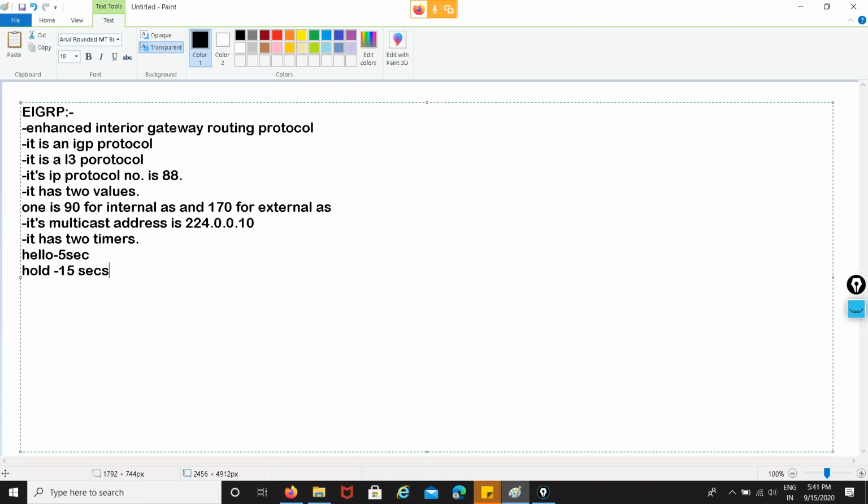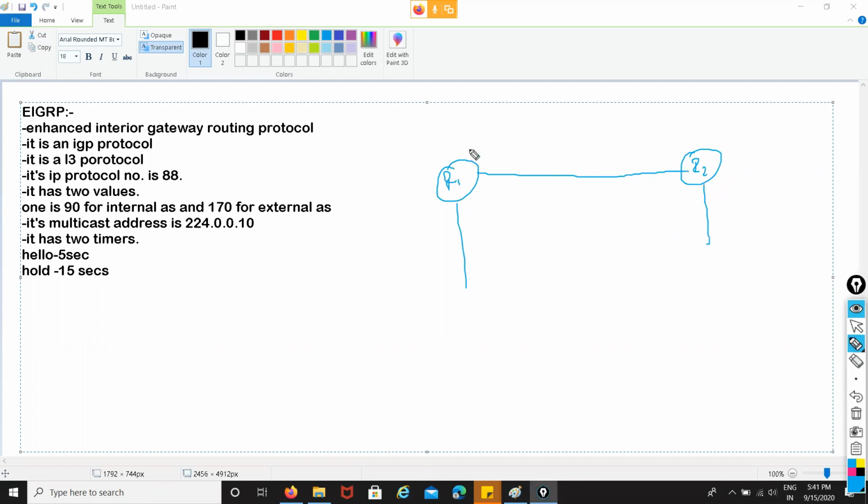But in EIGRP, take an example of two routers, R1 and R2, connected with each other. If I activate EIGRP here and also activate EIGRP here, then EIGRP starts sending multicast packets to each other every 5 seconds.